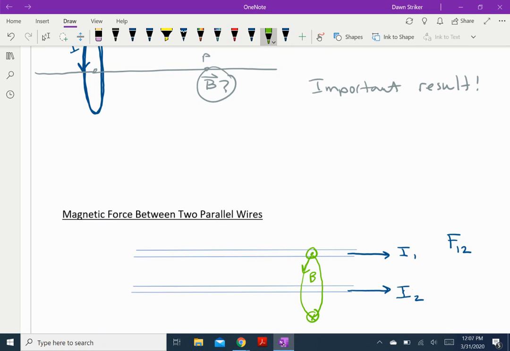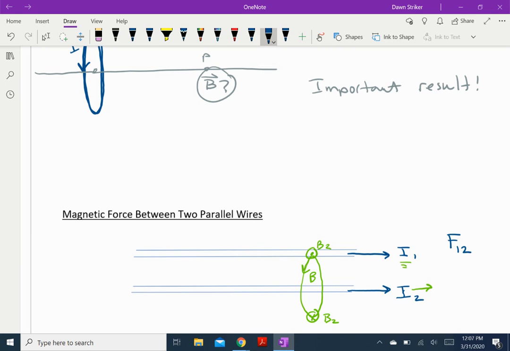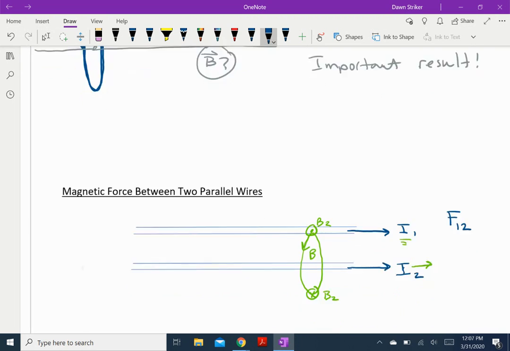And all you need to do is set up your thumb so that it's pointing in the direction of I2, and your fingers are curling out of the page up here and into the page down here. So wire 2 sets up its own magnetic field. That magnetic field affects the current moving in wire 1. And so that's what we want to do. We want to be able to write down the formula for the force that exists on wire 1. So just using your right-hand rule, again, a different way.